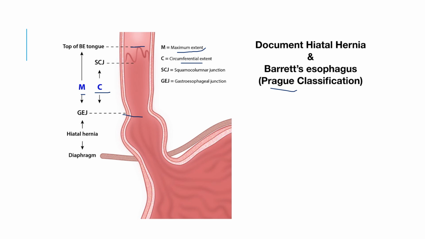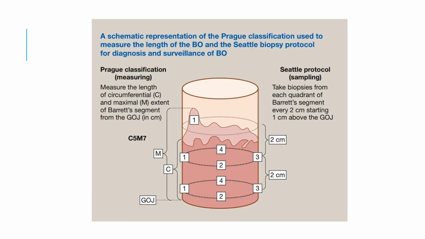What is the circumferential extent? It is from the squamocolumnar junction, that is the lower bottom of this Barrett's tongue, to the gastroesophageal junction. That is called the circumferential extent. That is Prague classification.